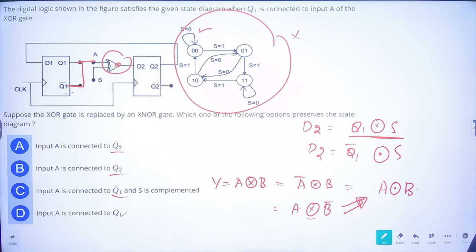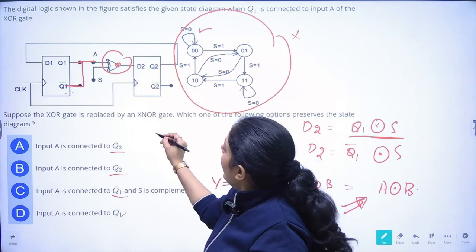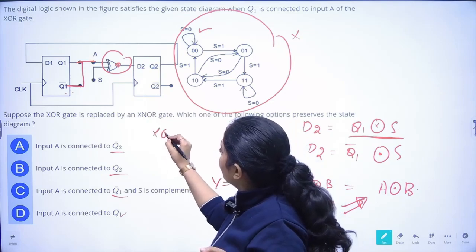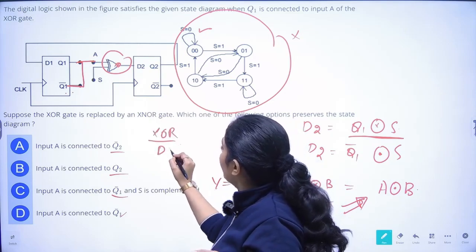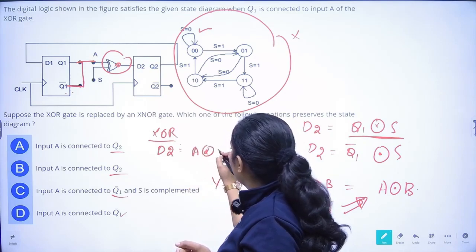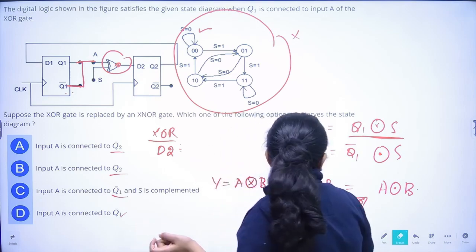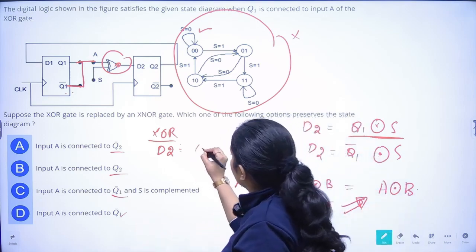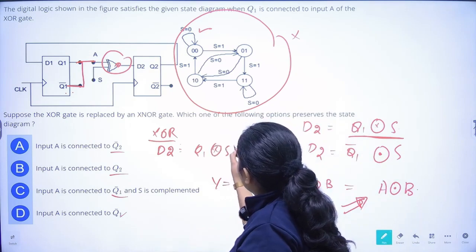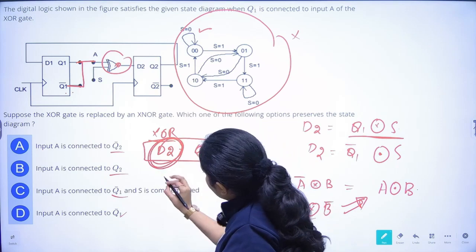Initially Q1 was connected to A and the gate they were using was XOR. So we know that D2 will be equal to A XOR S, and here the A value is nothing but Q1 XOR S. So I have to maintain this.